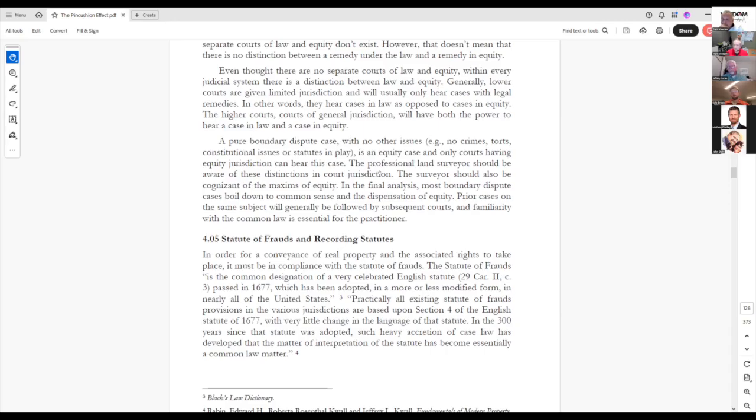Now, as a surveyor, let's just say your survey goes to court, and you're either going to be right or you're going to be wrong. But you will have the legal fact, and you held the monuments. You're going to have the legal facts on your side. So you've already got the greater preponderance of the evidence going your way.